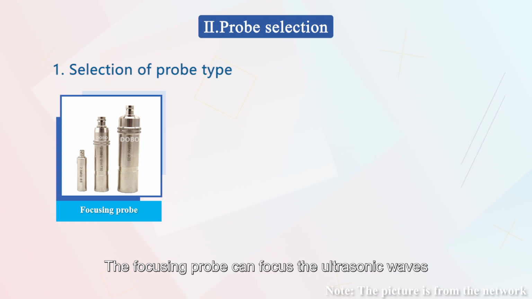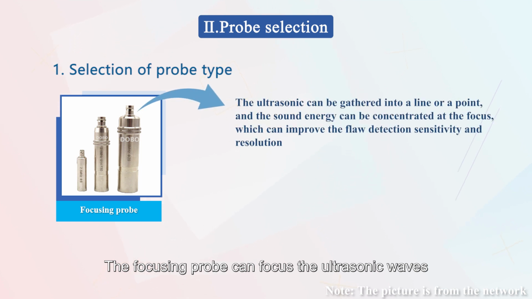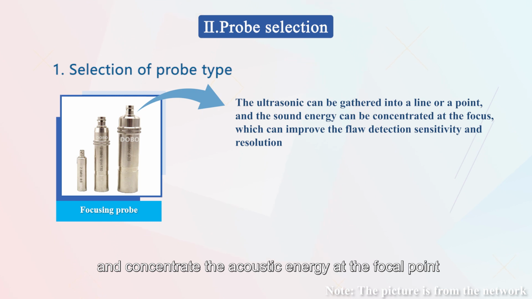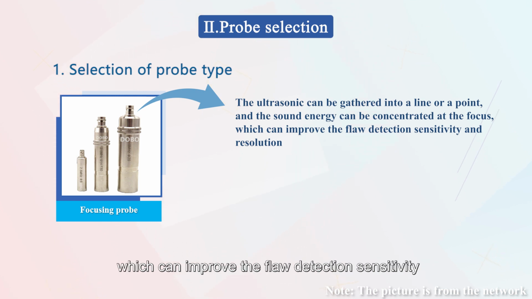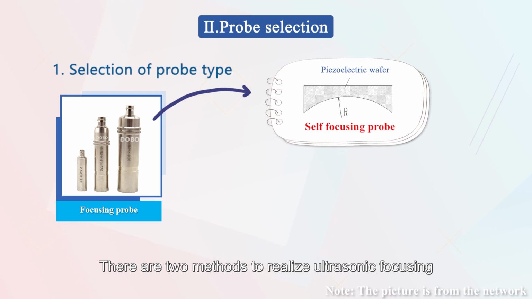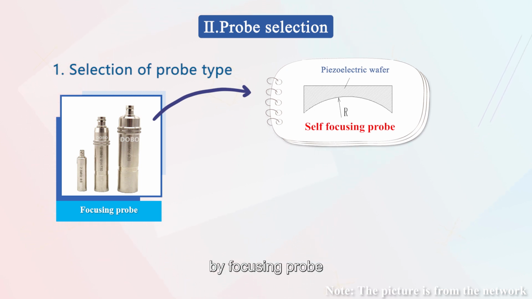The focusing probe can focus the ultrasonic waves into linear or point shapes and concentrate the acoustic energy at the focal point, which can improve the flaw detection sensitivity and resolution. There are two methods to realize ultrasonic focusing by focusing probe.